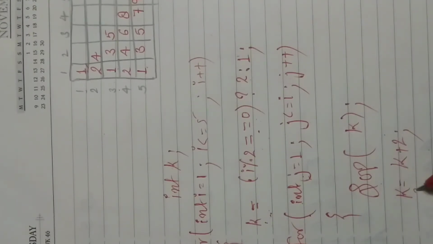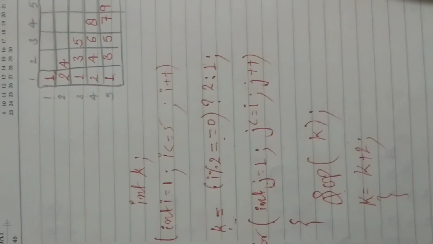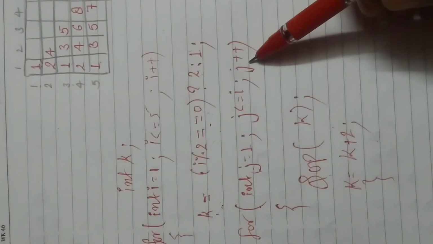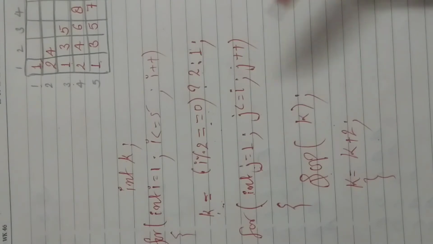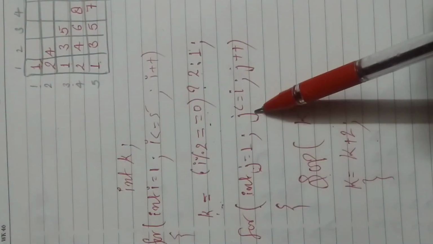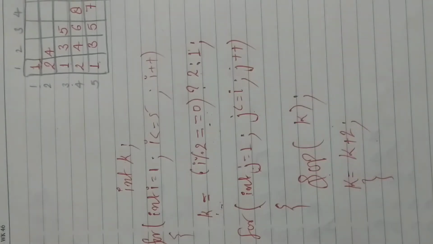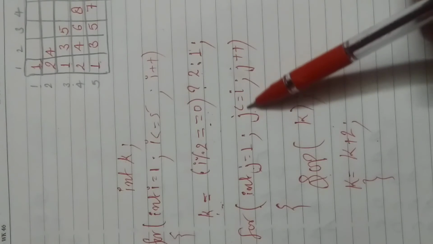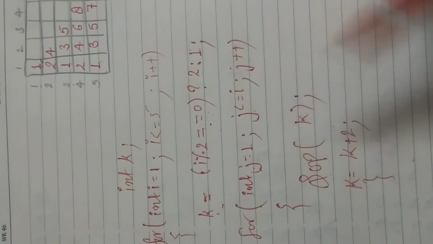Then control closes the loop. Control comes here, increases the J value. J value is 2. Check the condition: I value is 1, and 2 is not less than equals to 1. This condition is false, so control comes out of the loop.